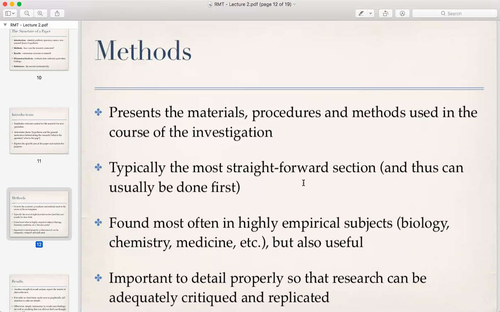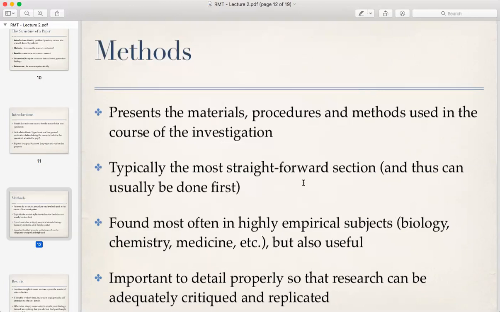So oftentimes this is a short one-page thing that is easy to write, and it's often found in very empirical subjects. Empirical meaning like you're literally doing experiments, because if you guys have ever done lab reports in school, it's very obvious what the method of a physics experiment is. You're kind of just noting down exactly a recipe list of what you did.